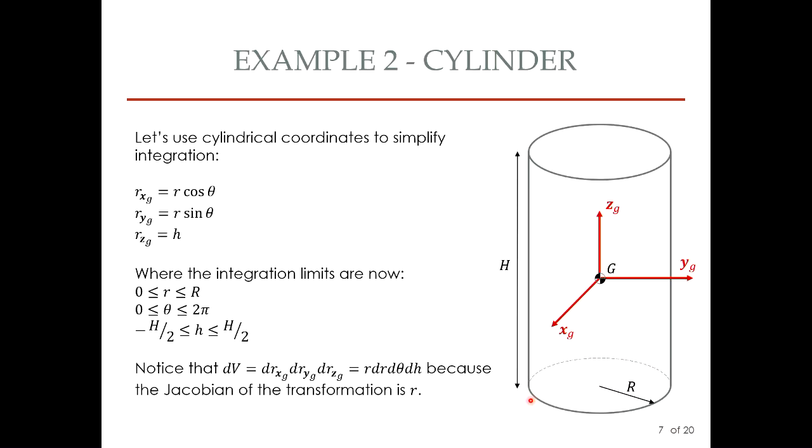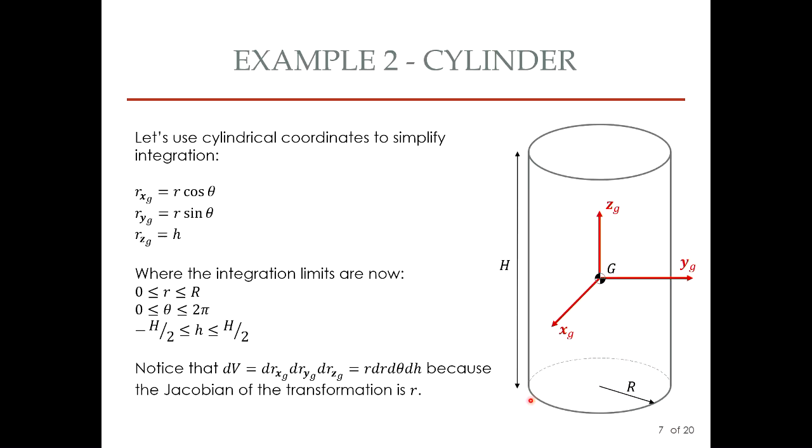Are you familiar with cylindrical coordinates? So for this transition, to integrate correctly, we need to use the Jacobian, or the determinant of the Jacobian, of this transformation.